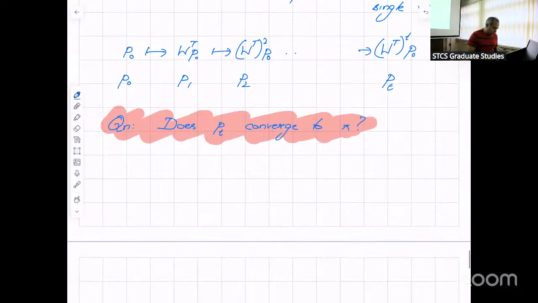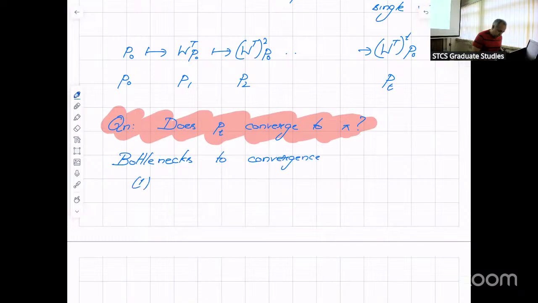So I want to ask, what are the bottlenecks to convergence? One is, of course, lambda 2 being equal to 1. That is, if lambda 2 is not separated from 1, this is a bottleneck. But we already assumed irreducibility, so this is not the case.